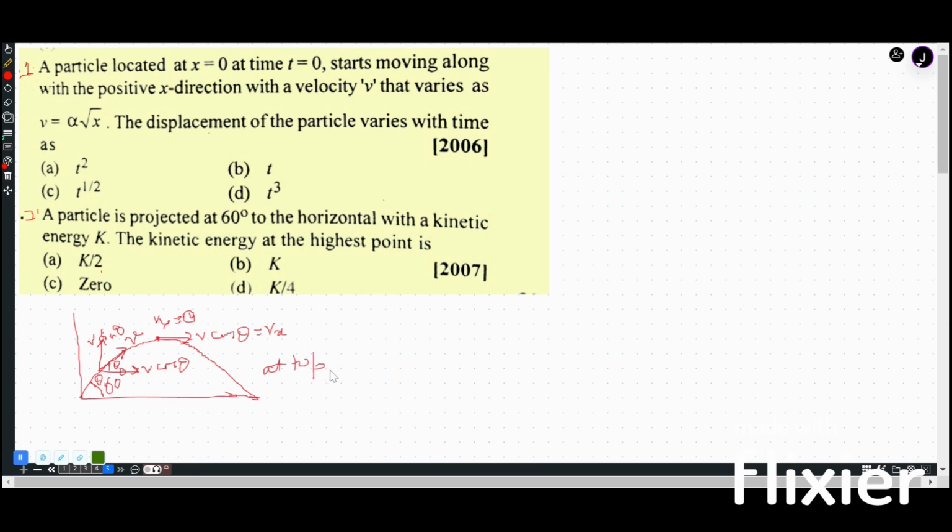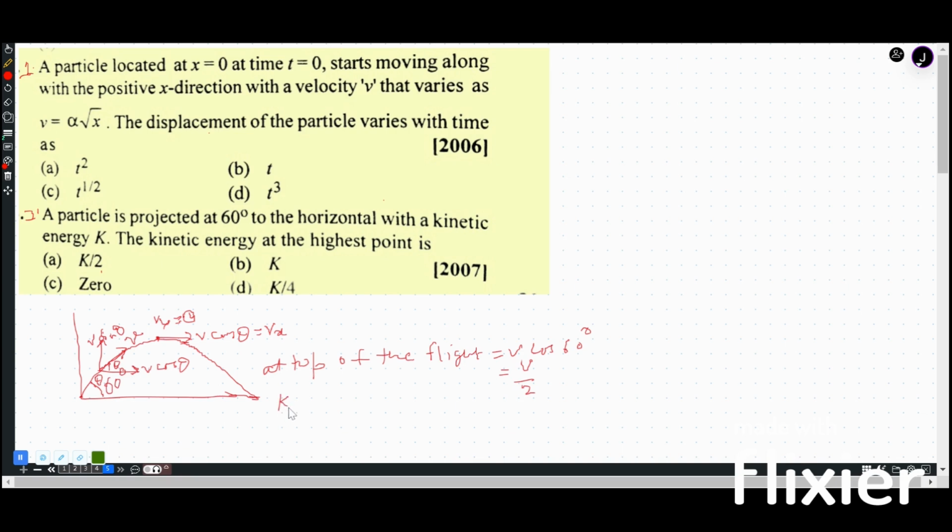Now v cos theta will be v cos 60 in this case, and cos 60 is 1 by 2. So at the top of the flight, the velocity of the particle would be v cos 60, that is v by 2. When the object was thrown from the ground, it had velocity v and a kinetic energy K, which is equivalent to half mv square.